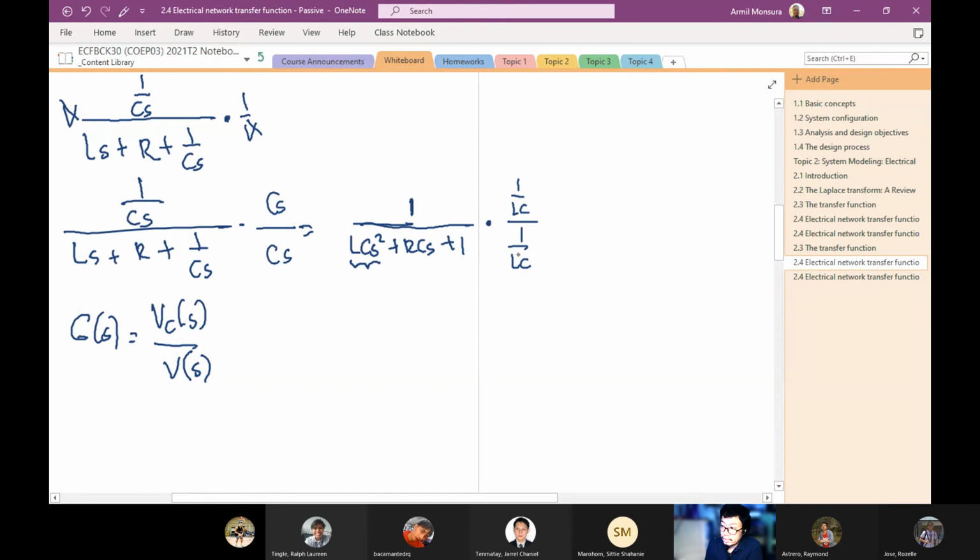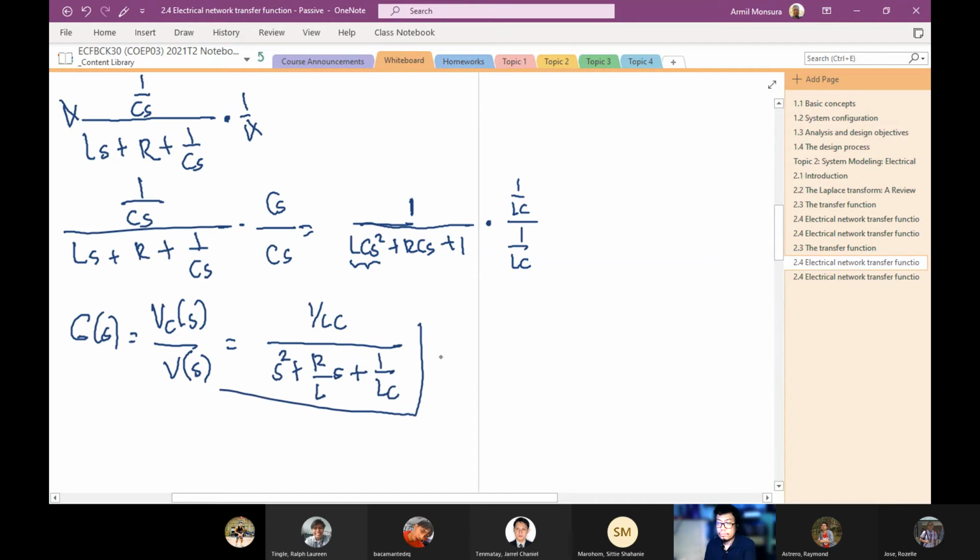Okay, pero if I do that in the denominator, you also do that in the numerator. So the numerator then becomes 1 over LC. Okay, and then the denominator becomes S squared plus R over L times S plus 1 over LC. So ito yung nahanap sana nating transfer function. Okay? Do I make myself clear here?